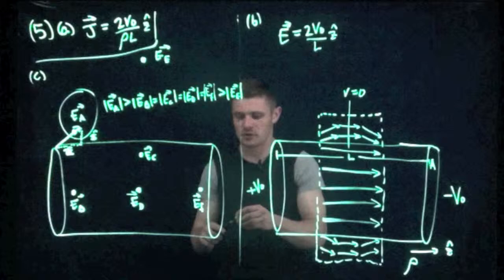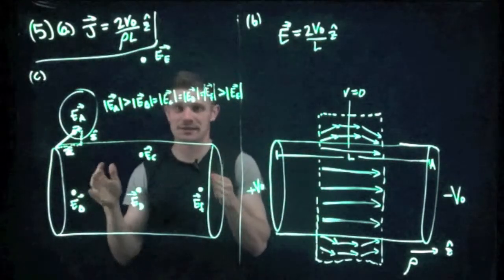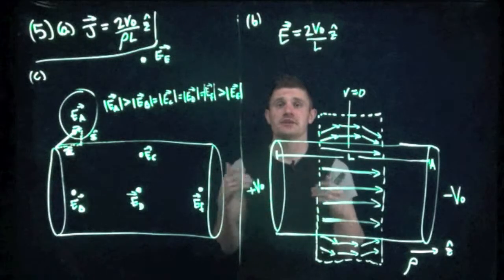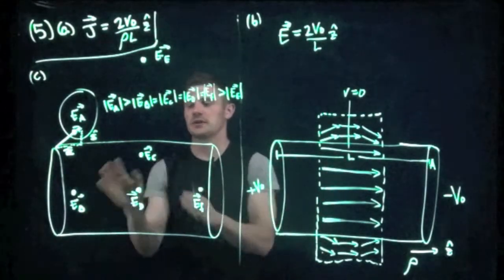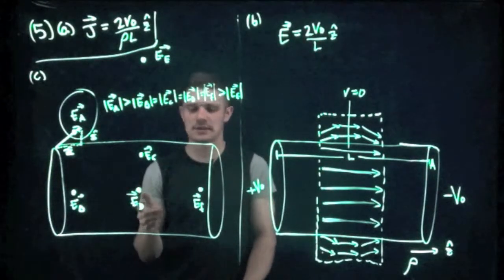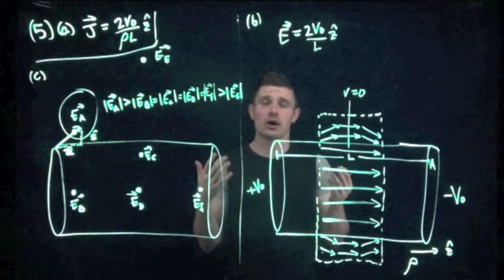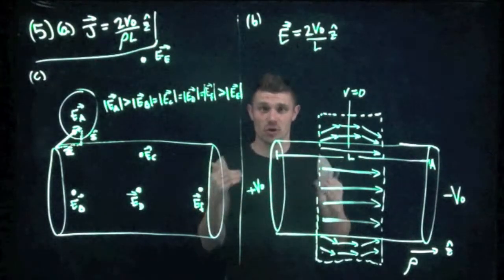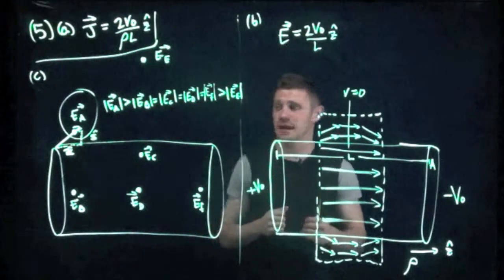So again, just to recap how we looked at this problem, any point within the wire has the same electric field, since that electric field is constant within that wire based off the potential difference of the 2 ends. So we can equate these 4 magnitudes, saying EB, EC, ED, and EF all have the same magnitude. Of course, EE is way off in our fringe field, so it will have a smaller magnitude. As we go further in distance, the electric field drops off in size.